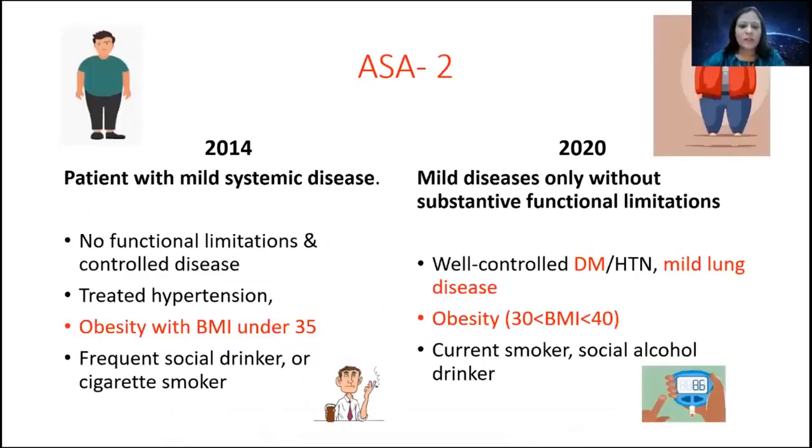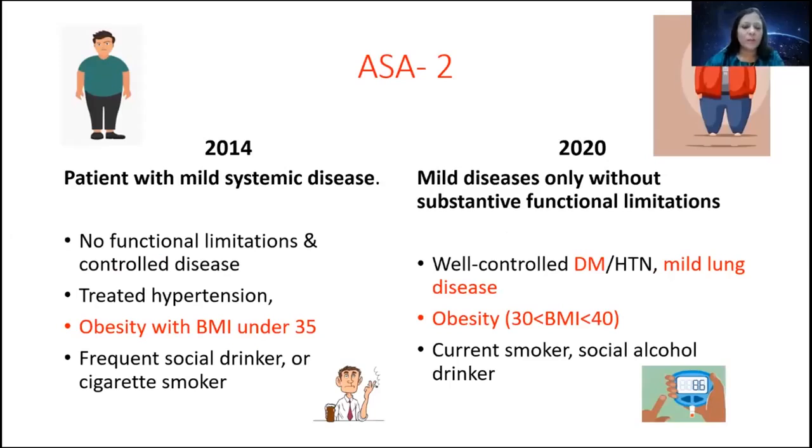Now, both the classifications in the ASA 2 category place the patients with mild systemic disease without any substantial functional limitations. In 2014, patients who were well-controlled hypertensives were under ASA 2, but the 2020 guidelines have included not only well-controlled hypertensive patients, but well-controlled diabetics or patients with mild lung disease as ASA grade 2.